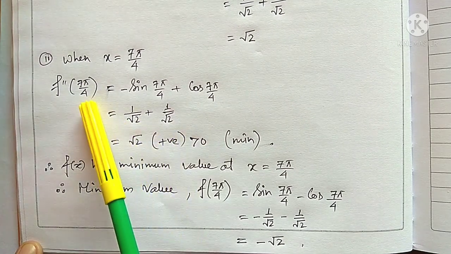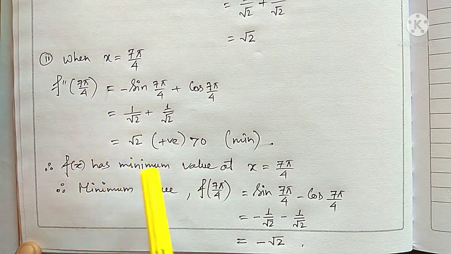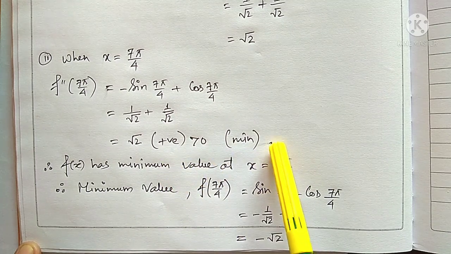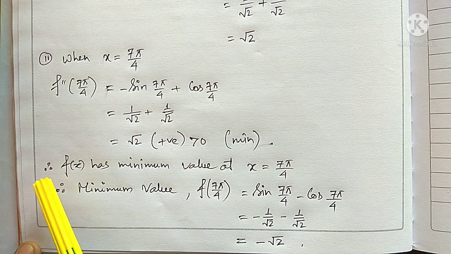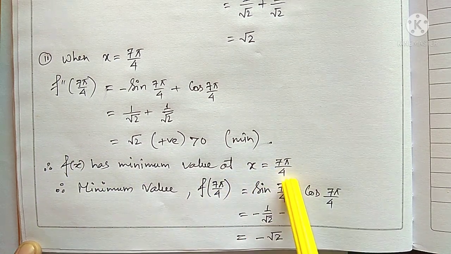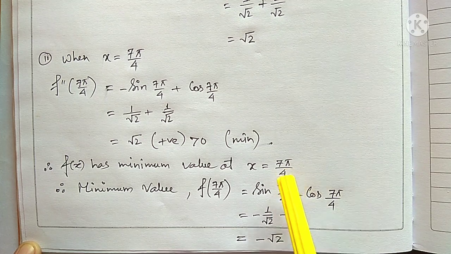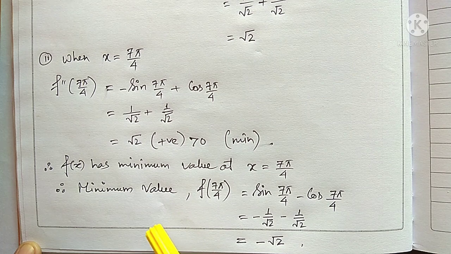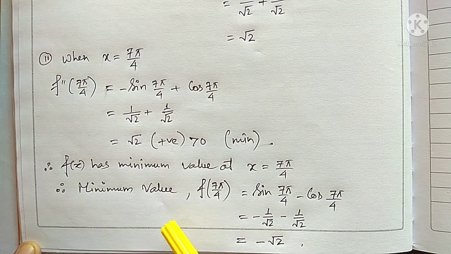So when we take the critical point 7 pi by 4, the value is positive. That means we get a minimum value. So the conclusion we write is: therefore f(x) has minimum value at x equal to 7 pi by 4. Is it clear? Now we have to find the minimum value. For that we put this critical point in the main function.